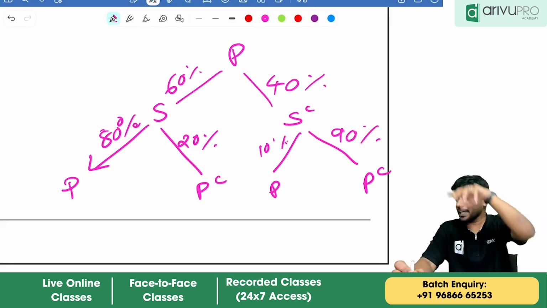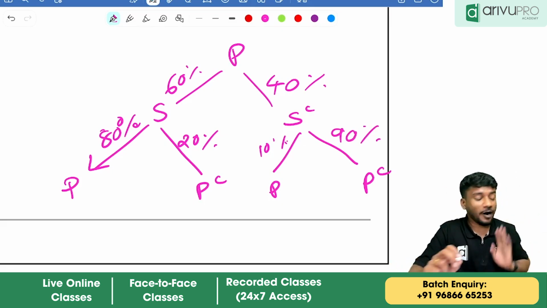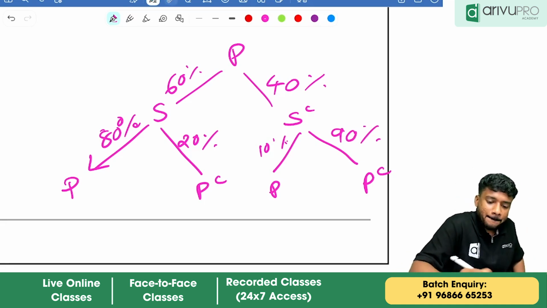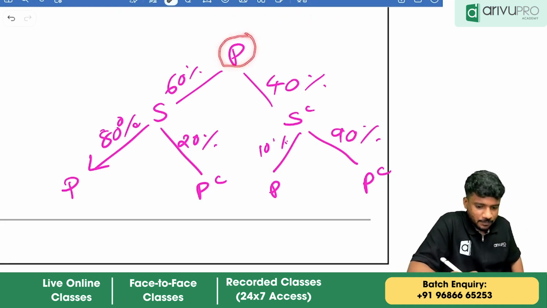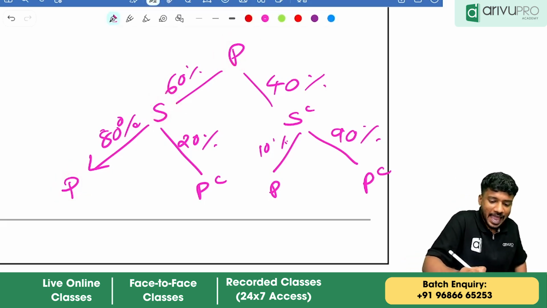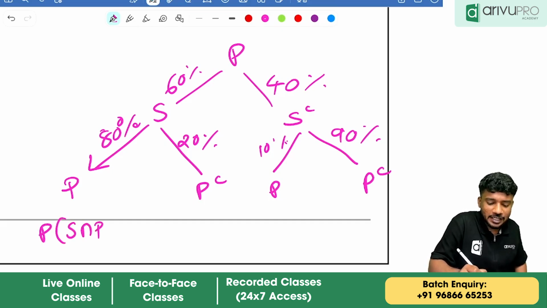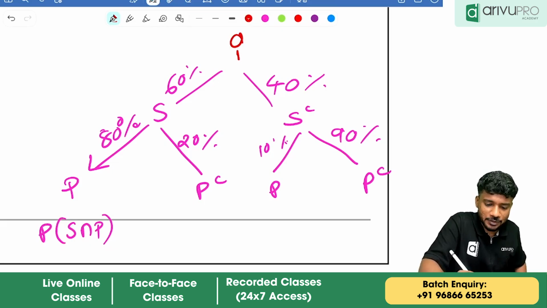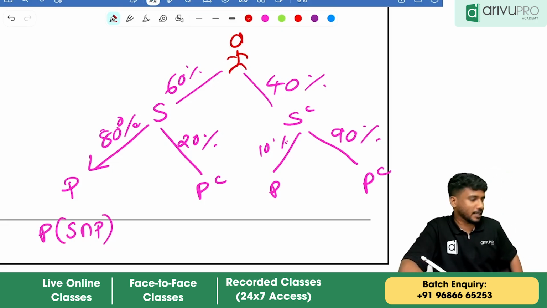Now we need to find the effective output. Okay, effective output of a person who studies and passes. That means if I ask, passing means P of S intersection P. Okay, S intersection P. Instead of this, I'll put a person itself so that you will get a better clarity.